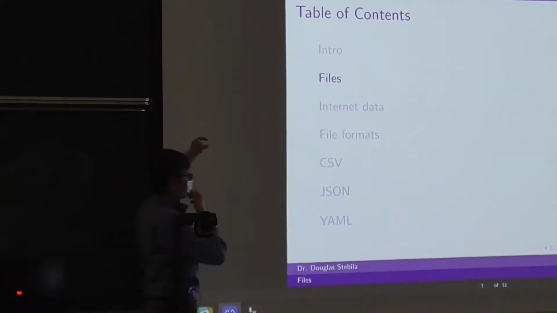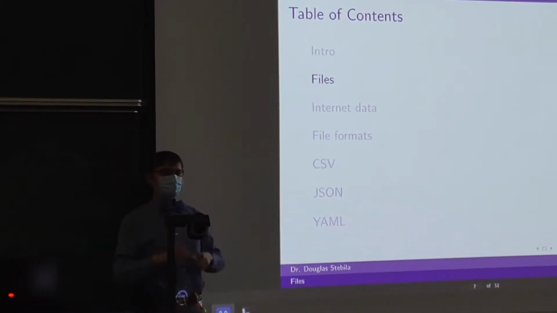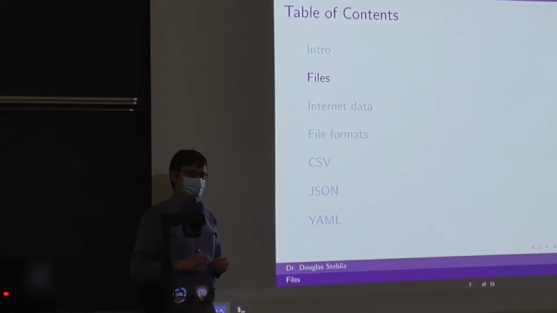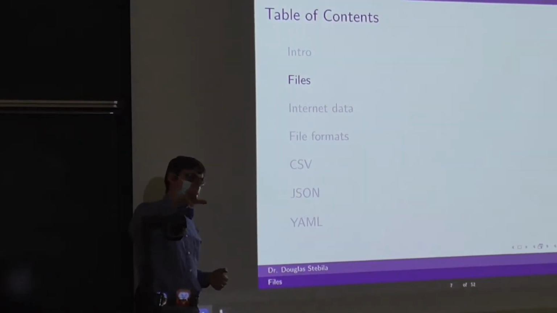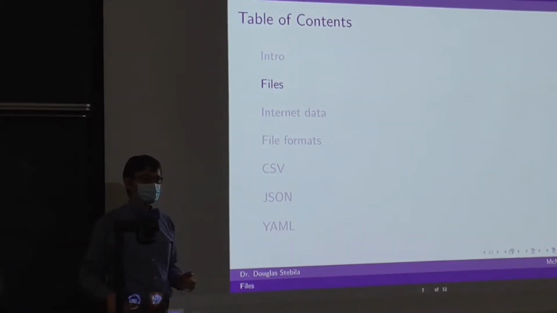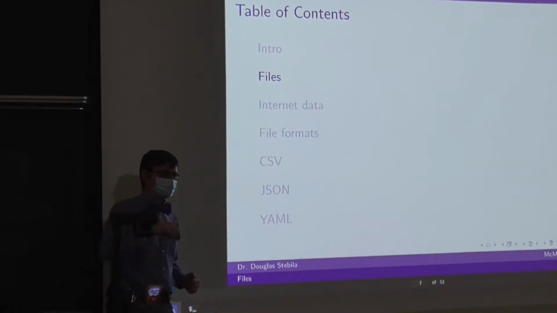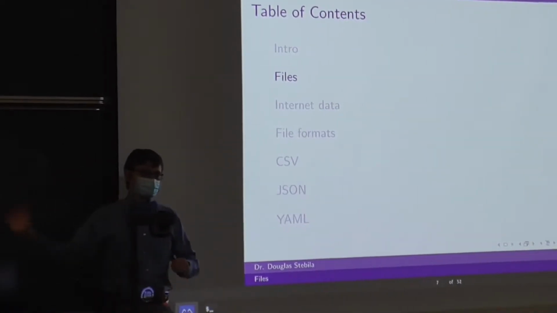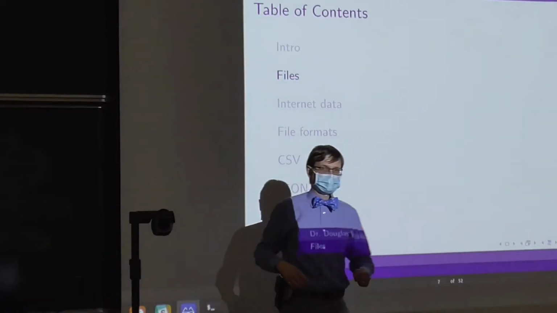For example, it is 100% possible to open an Excel spreadsheet in Python, get the data out of it, write data back into it, save it, and then you can interpret it in Excel again.